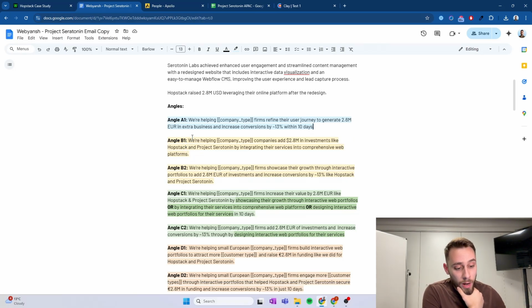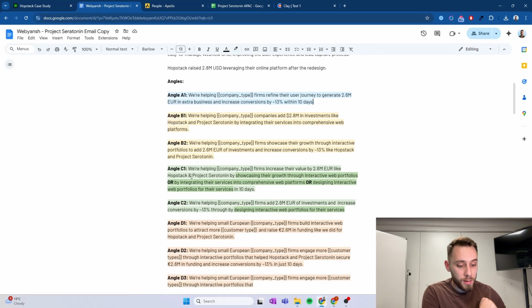For example, we're helping healthcare companies add $2.8 million in investment like Hopstack and Project Serotonin by integrating their services into comprehensive web platforms. You're seeing what we're doing here. Let's read another one.